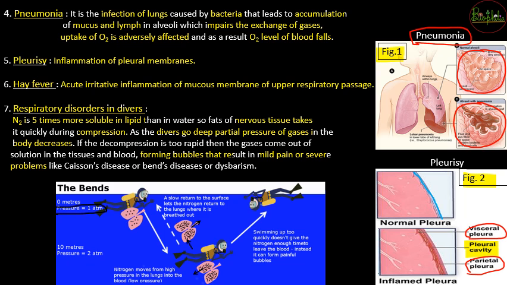And some of the problems can have a certain disease that is called as Caisson's disease, जिसका दूसरा नाम होता है Bend's disease. Okay, or it can also be called as dysbarism. So in the figure down over here, you can see how the Bend's disease actually functions. The diver जब lesser depths पे था, then there is going to be lesser nitrogen entering into the blood.